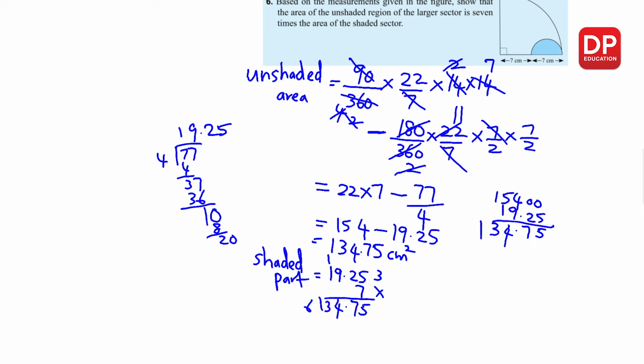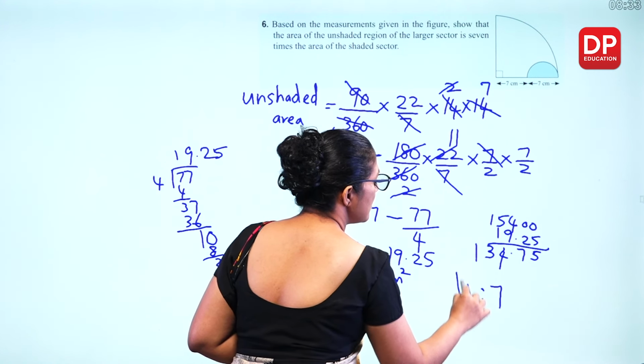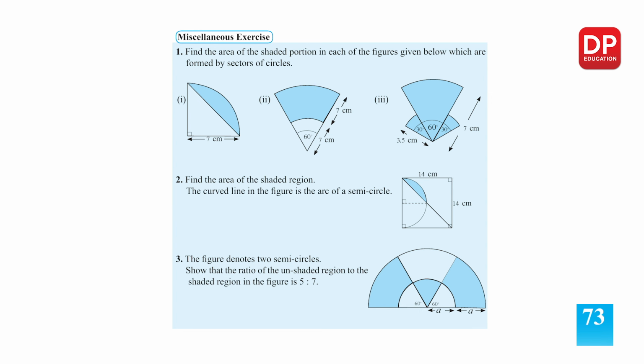So can you see when you multiply the smaller area by 7, you are getting this one. So that means the shaded part to the other part is a 1 to 7 ratio.